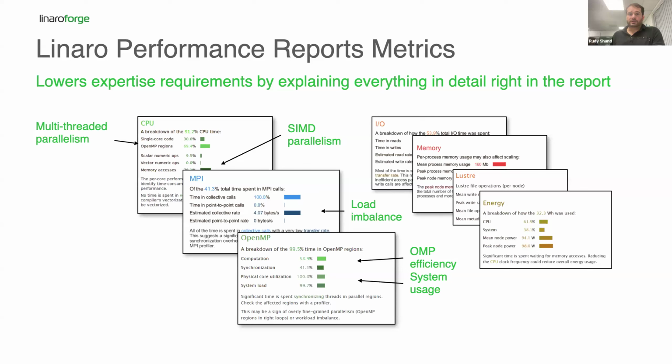And so what you want to do is put a profiler on that and look at where these synchronizations are coming from. And likewise, in the energy part of this, the performance report is saying that a significant time is being spent waiting for memory accesses. And so you might want to look at some of the memory accesses to reduce some of the energy, for example.